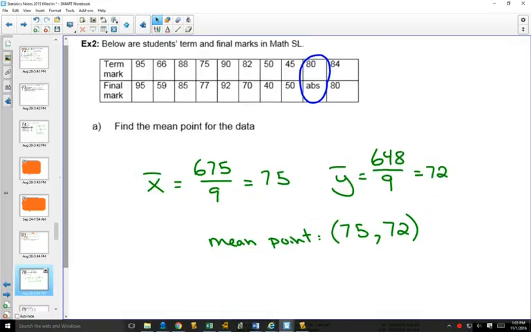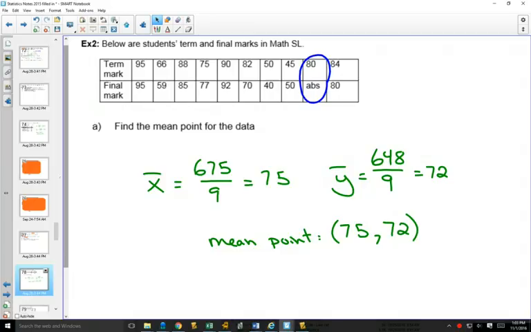So here we have math marks. We've got our term mark and our final mark based on an exam, and there's one person that was absent for the exam. So that's been circled there in blue.